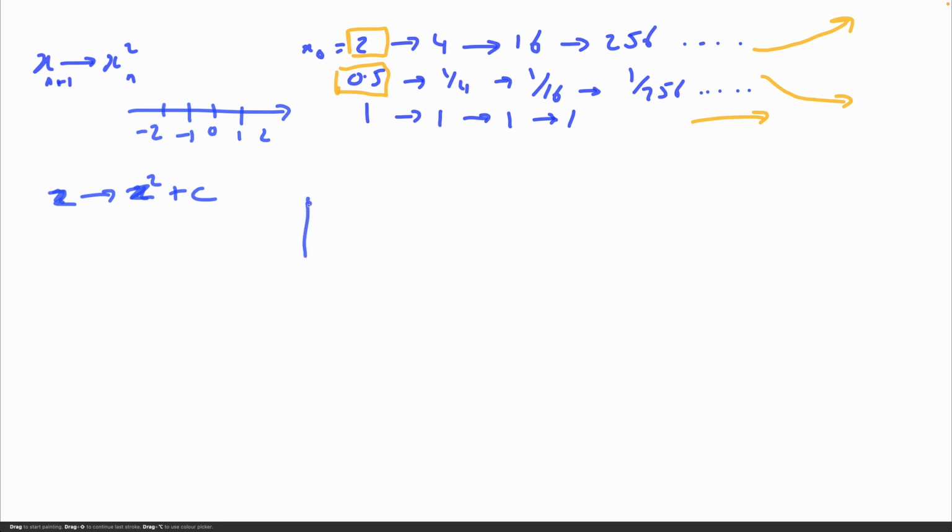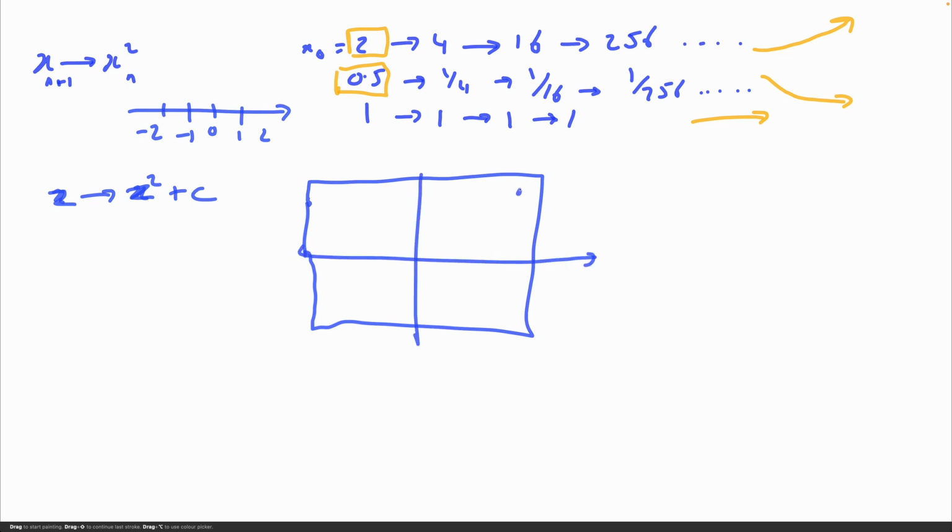Complex numbers are two-dimensional. They have a real part and an imaginary part, so we can visualize them on a surface, a two-dimensional plane. So you can have, say, a complex number which is 3 plus 2i. That's the convention. So 3 along the real axis and 2 along the imaginary axis, 2i.